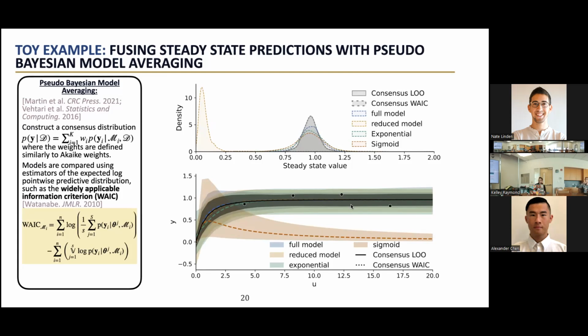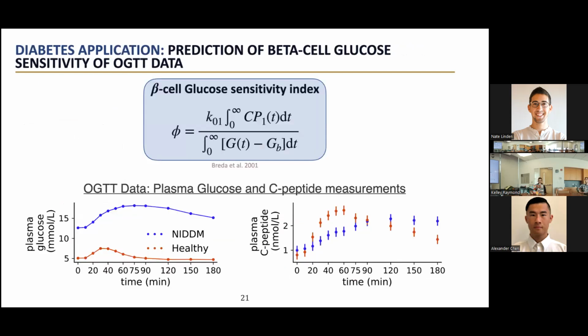So now we're going to turn back to the beta cell insulin problem, and we'll look at a couple of results using those models. Like I said, our goal of applying these models is to take patient data that looks like this and predict some sort of quantity of interest that we can use to make a diagnosis.